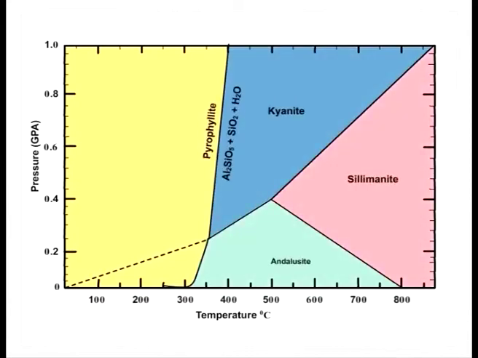The upper pressure limit is suggested by the common presence of andalusite, where P is less than the triple point of aluminosilicate, absence of kyanite, common presence of cordierite, very rare presence of almandine garnet, and absence of garnet in pelitic hornfels, which indicates pressure of less than 4 kilobars during pyroxene hornfels facies.